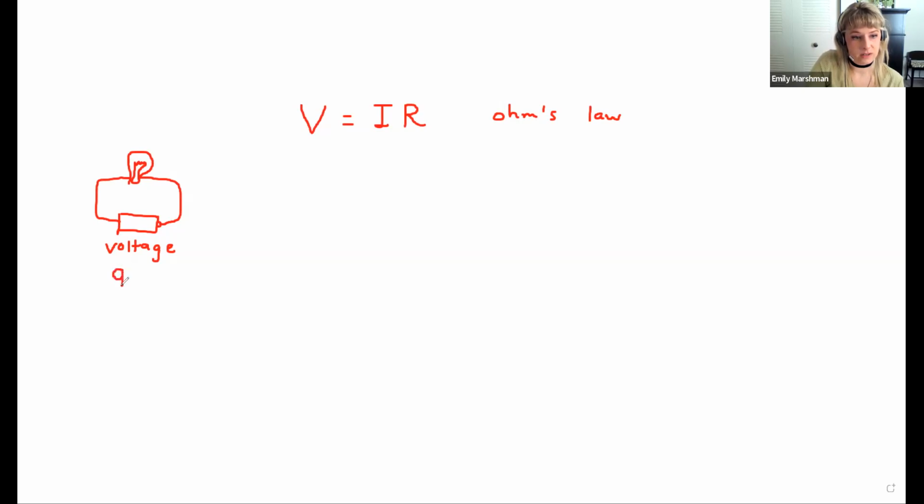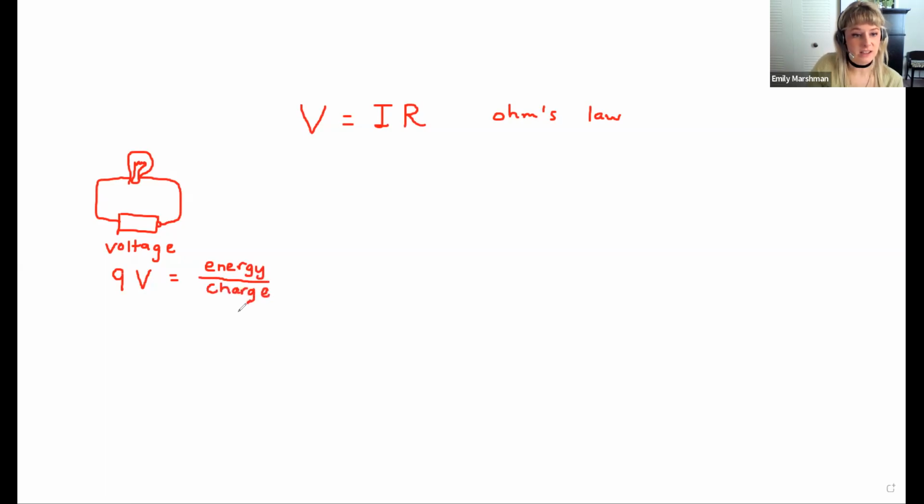So if you hooked this up to a 9-volt battery, what does that actually mean? It means that for every amount of charge that goes through this battery, it provides a certain amount of energy. So voltage is energy per unit charge.